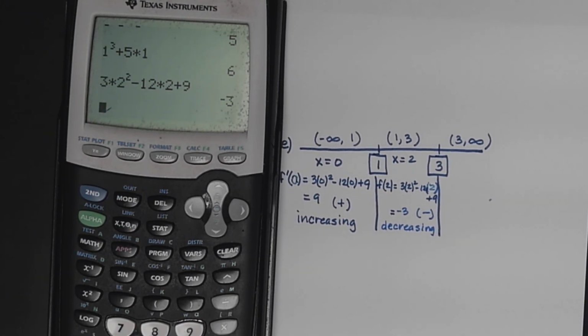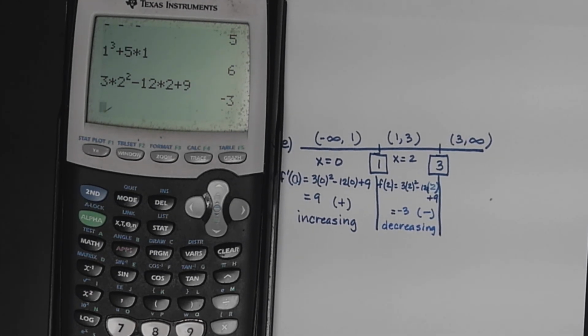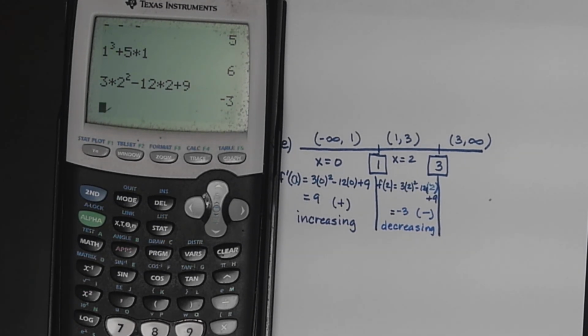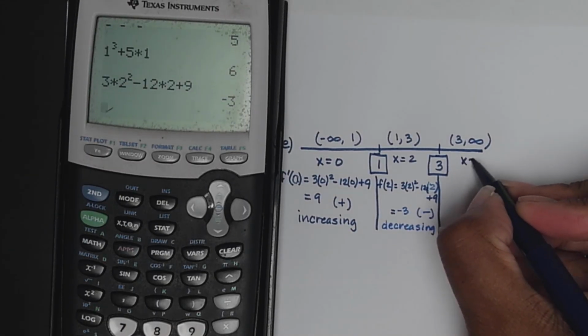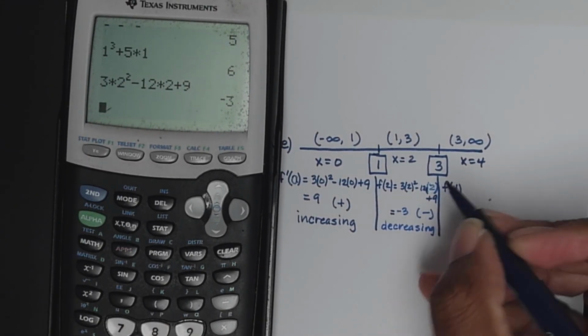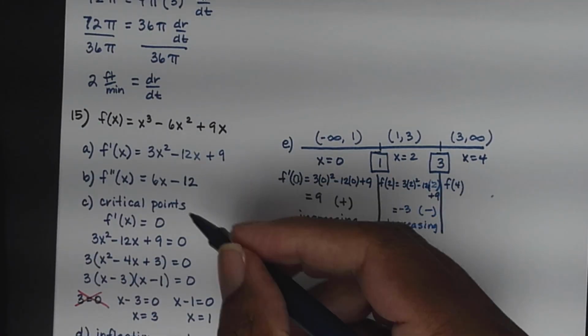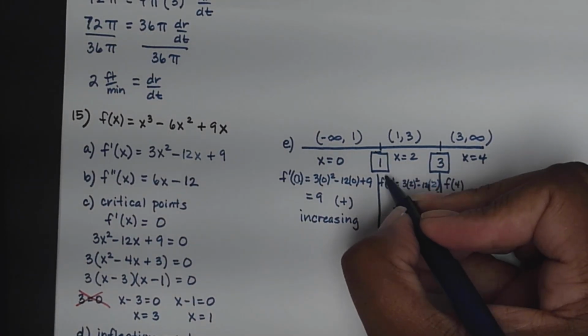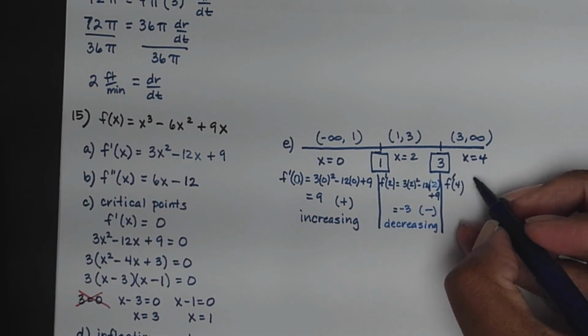And then from 3 to infinity, I will use x equals 4. And just replace the x with 4 in that, not the original function, f prime, the first derivative function.